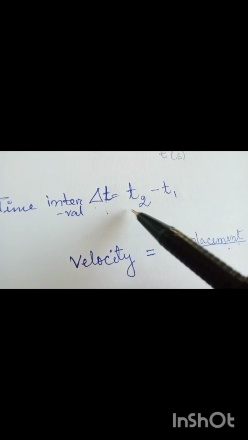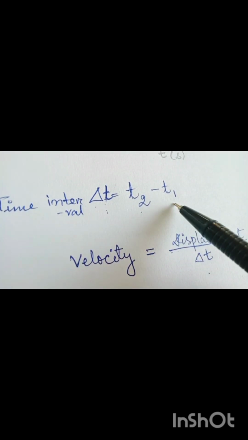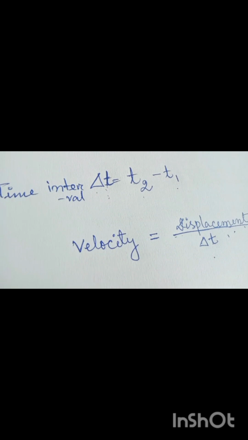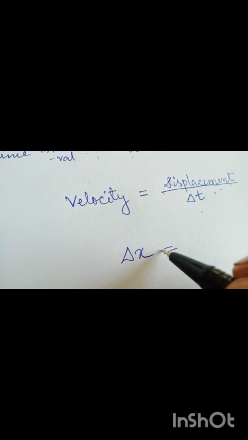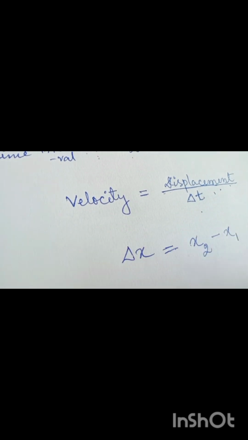As time interval is defined as the difference between two different times, similarly displacement is also expressed in this form: x2 minus x1. These x1 and x2 are the positions on the curve.